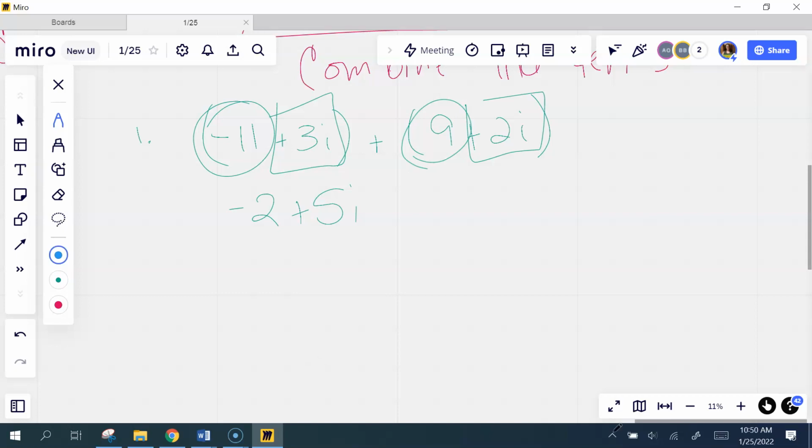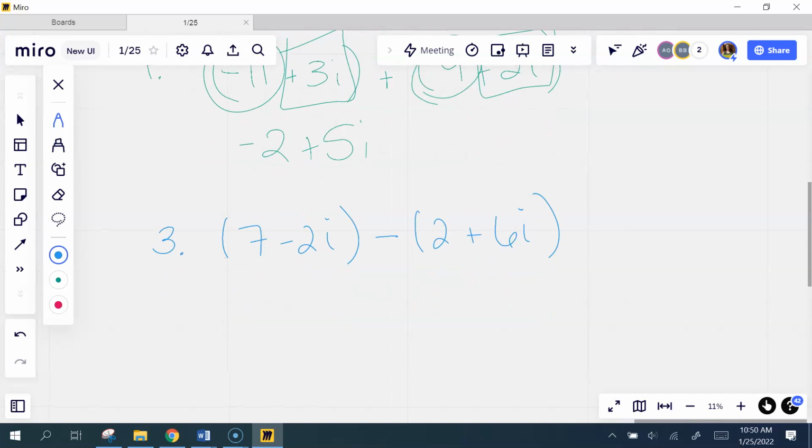What if I add a subtraction in? I still combine like terms. The difference here is I'm subtracting everything in this parenthesis, right?